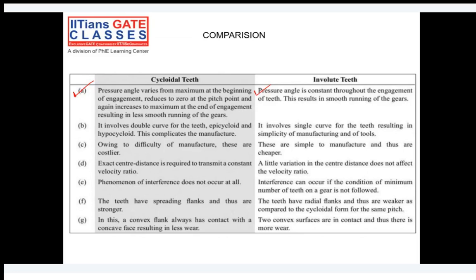So in cycloidal teeth profile there is a variation in the pressure angle from the beginning of the engagement till the end, whereas in involute profile teeth, throughout the engagement the pressure angle is the same.